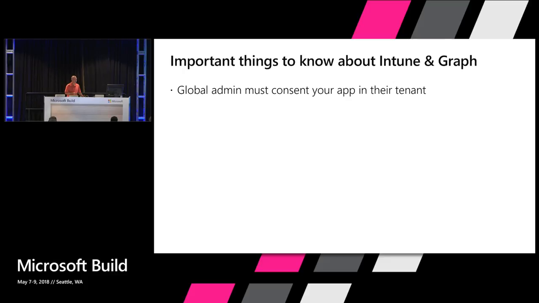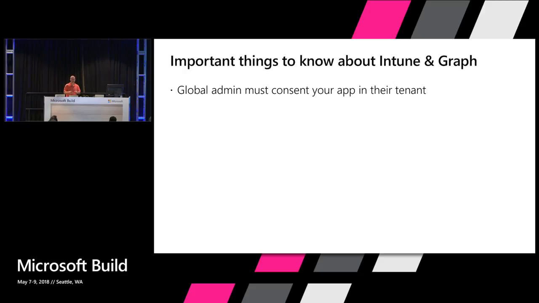And this is one thing that oftentimes, when a customer is new to application development with Azure and Intune, they have the mistaken belief that a global administrator needs to run the app. In other words, they think that somebody who's a global administrator needs to log into that application that you've developed, and they need to be the one running the application, which is not true.